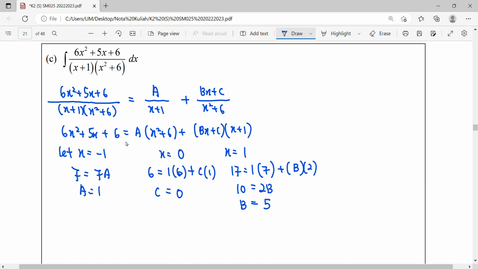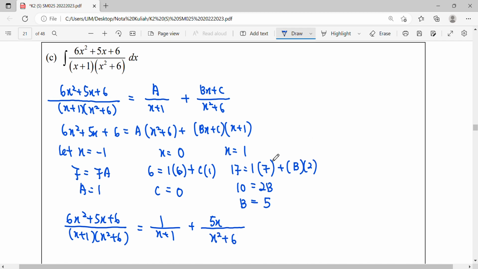Then we rewrite our answer into our partial fractions. As we can see, c is 0, so the numerator here remaining has 5x only.